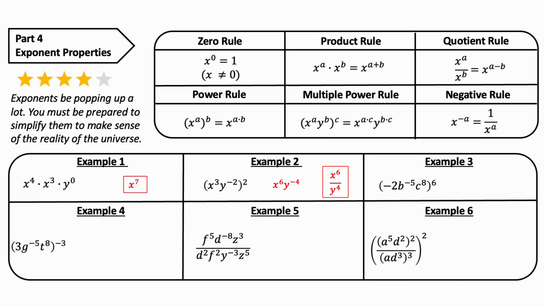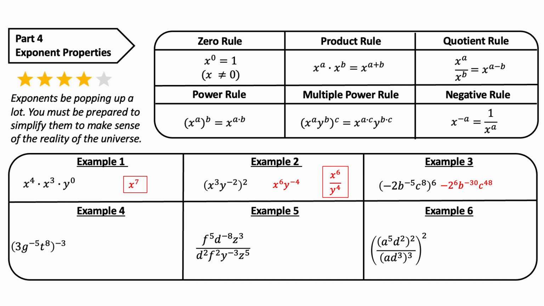Now, if we don't have an exponent, like on the negative 2, really, we're raising that negative 2 to the 1st power, because anything raised to the 1st power is just itself. So 1 times 6 gives us negative 2 to the 6th power, and then the b to the negative 5 becomes b to the negative 30 when we multiply by 6, and the c to the 8 becomes c to the 48 when we multiply that 8 times 6.